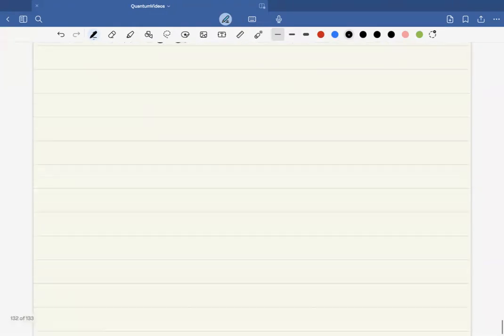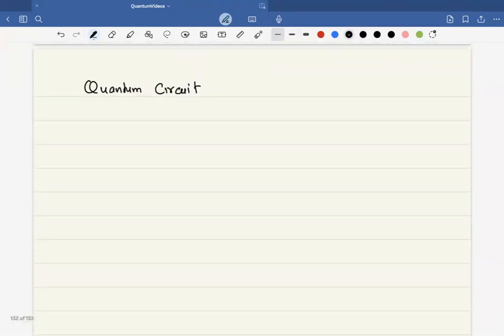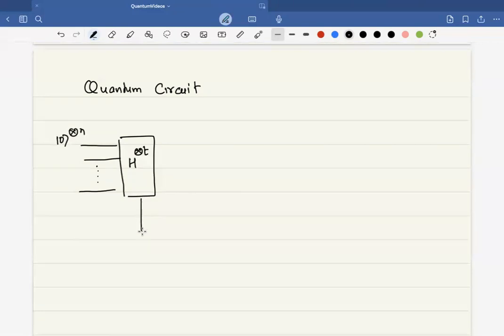So we have the top registers just like the regular phase estimation algorithm. We have this Hadamard tensor t, this is 0 tensor t. And then in the bottom register, sorry, this is going to be t.